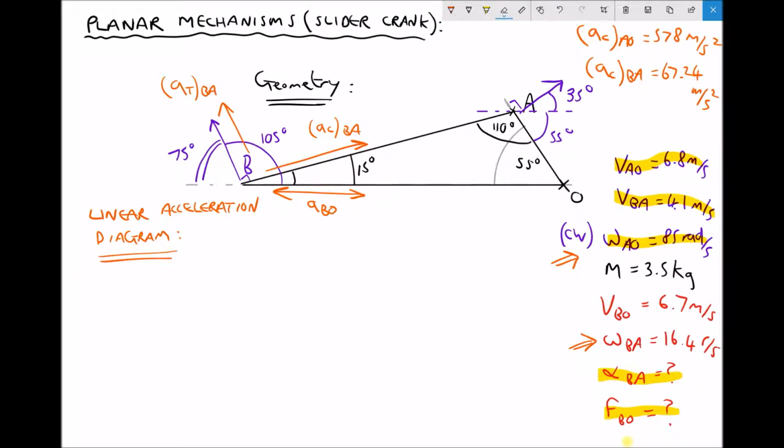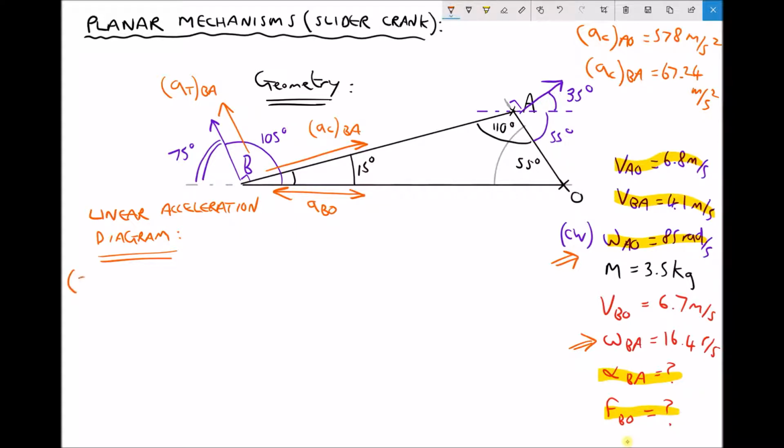Okay, so we have a centripetal acceleration for A relative to O of 578, and a centripetal acceleration of B relative to A of 67.24. Now I'm going to divide each of those values by 50 in order to get a length in centimetres.